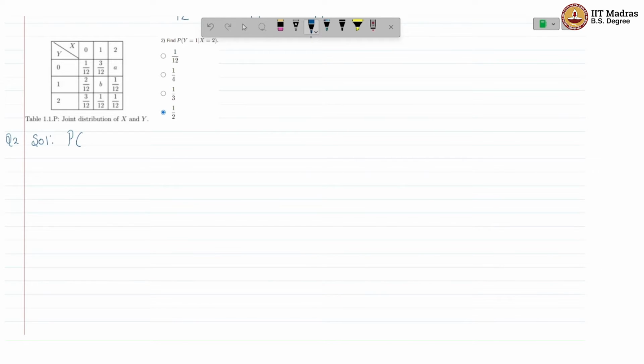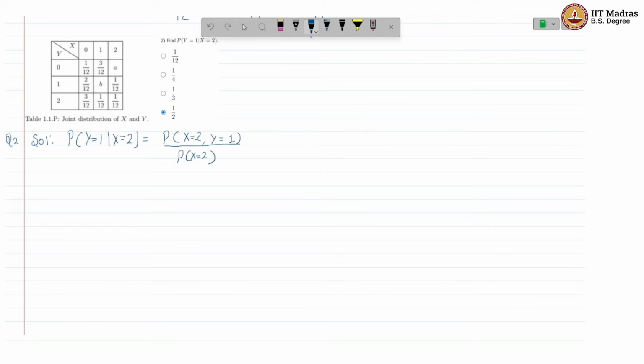So the probability that Y is equal to 1 given X is equal to 2 will be equal to the joint probability that X is equal to 2, Y is equal to 1, divided by the marginal X is equal to 2.